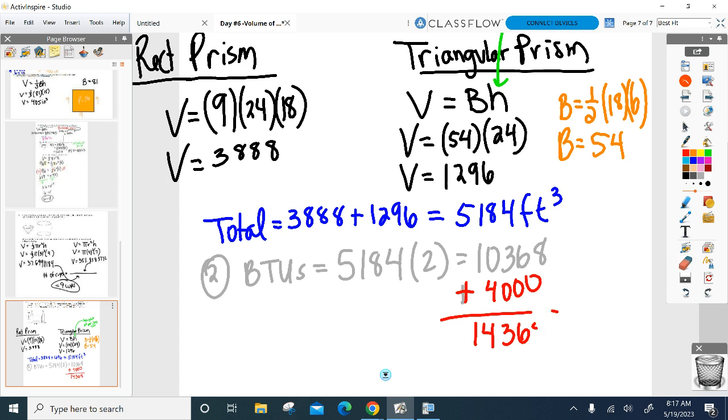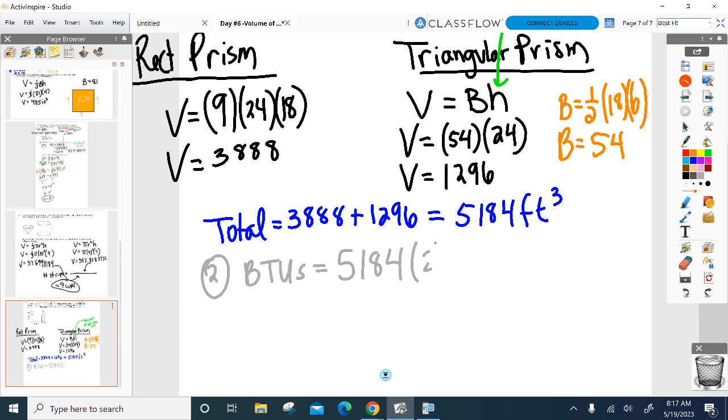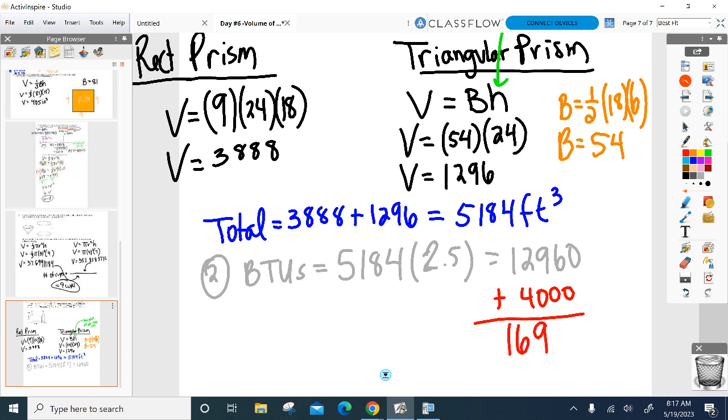No, nope. It's not 2, it's 2.5. How's that look?